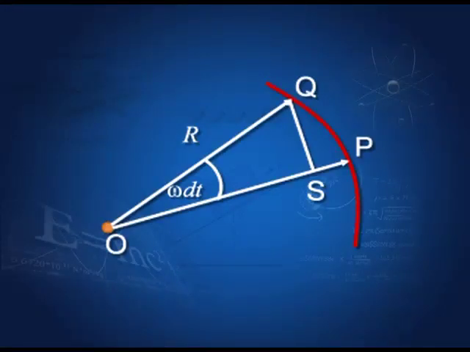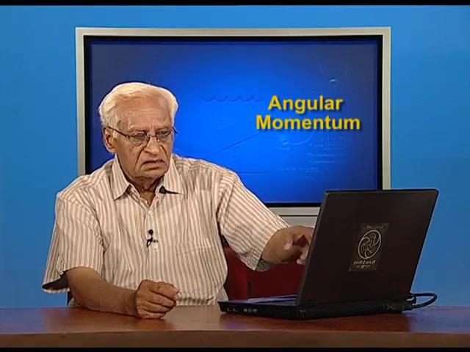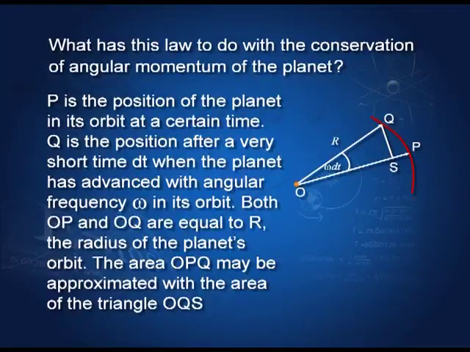Let me show you this. Here is the planet at the position P, this is the sun, and in a very short time it goes to Q, and if omega is the angular velocity, then the distance PQ is almost equal to omega times dt. Although this is shown as very far apart, actually I have taken a very short distance.